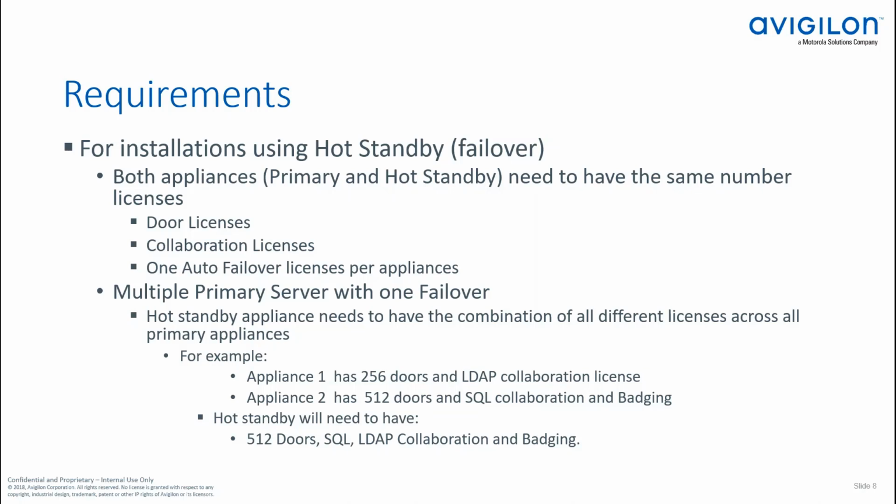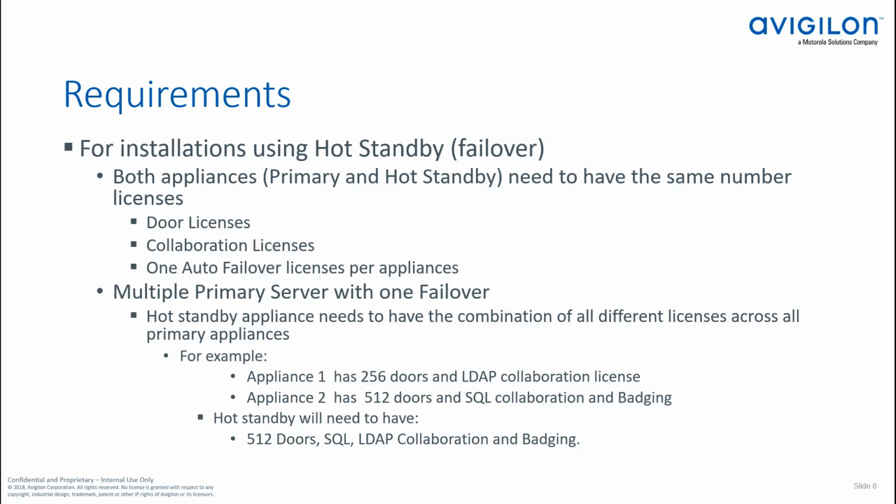For multiple primary servers connected to one auto failover hot standby appliance, it needs to have a combination of all licenses across all primary servers. So here's an example below.